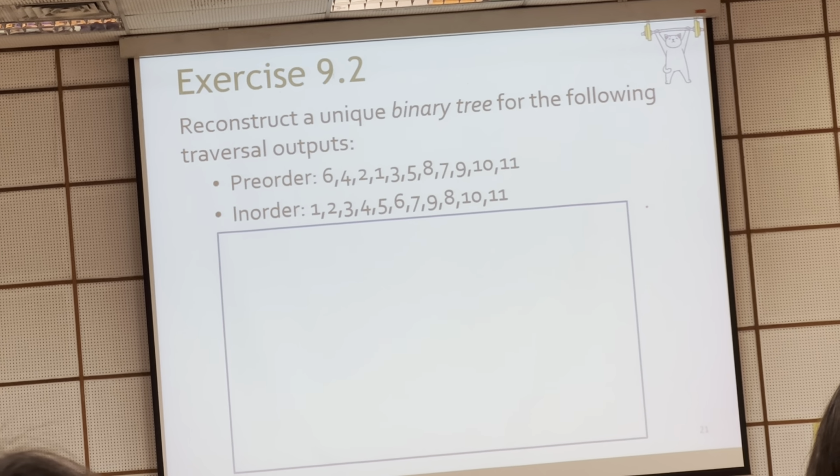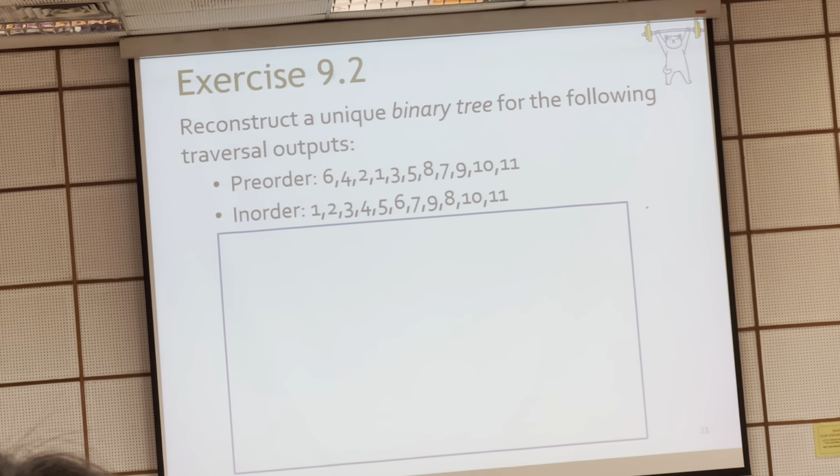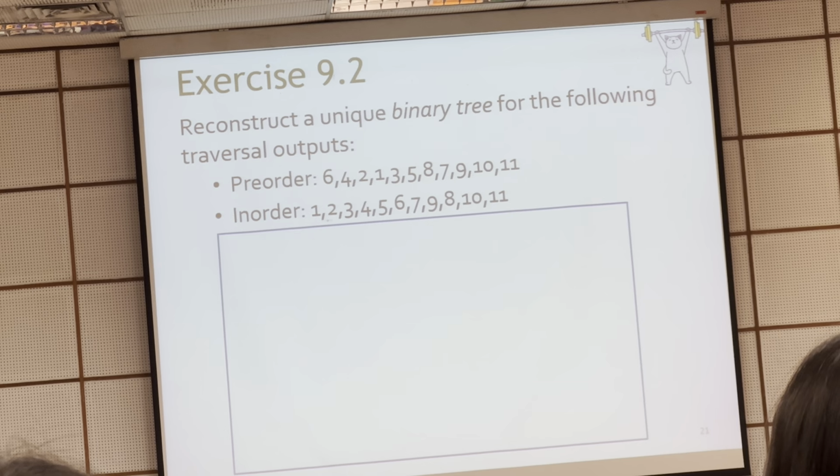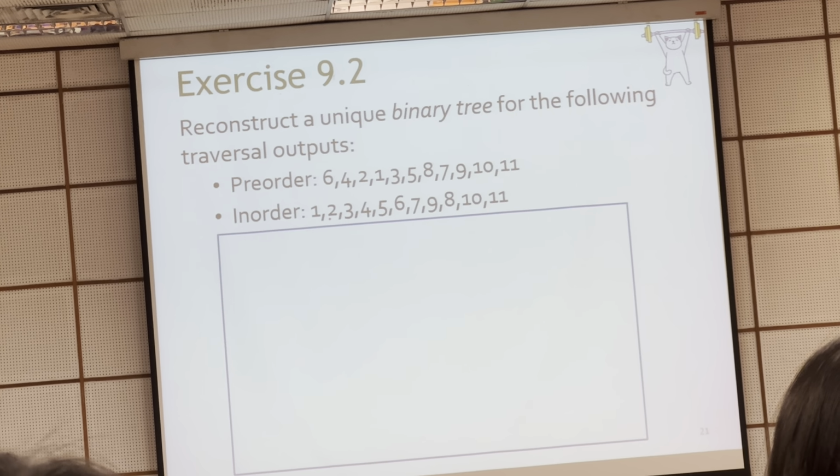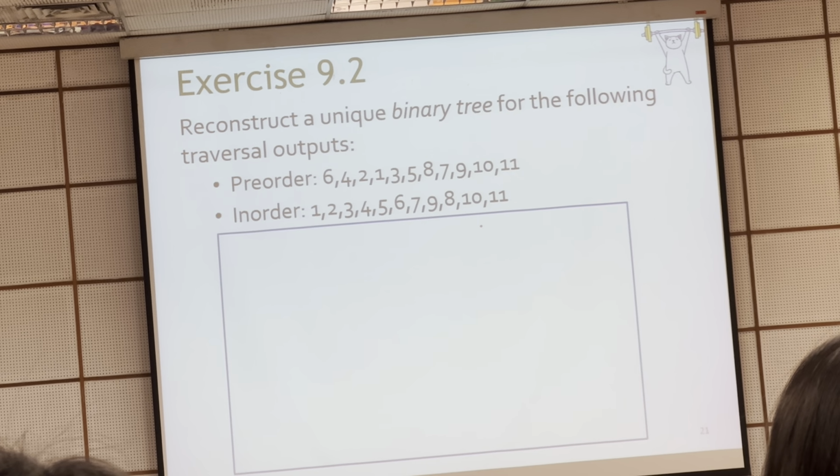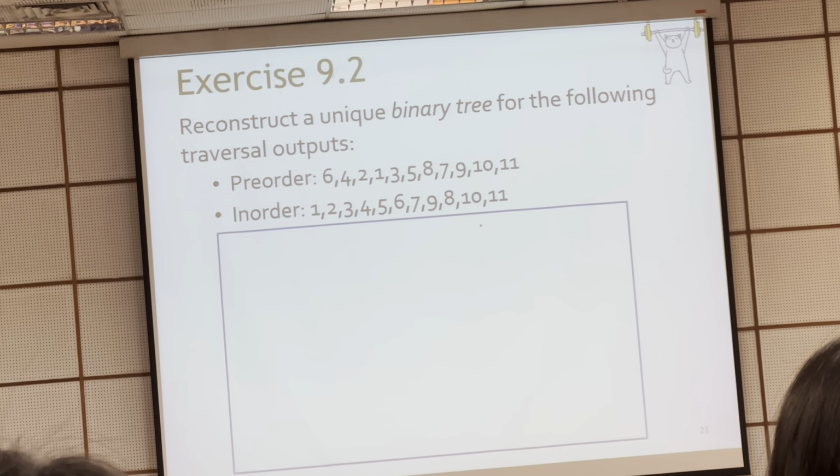Now, if you take a look at your in-order, 5 can be a root, 2 also can be a root. So it's very difficult to determine our root using in-order traversal. The only way we can determine our root is using pre-order or post-order.